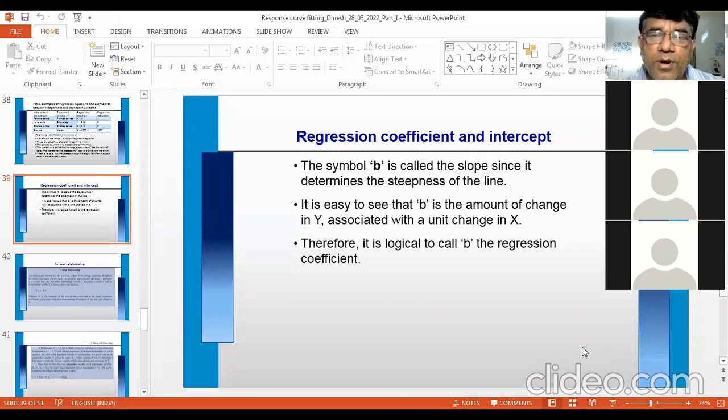It is also called the regression coefficient or slope of the line. It tests the numerical relationship between x and y. If you make a unit change in x, how much change is there in y? And as you progress, if your levels of input increase, this change will be smaller and smaller.